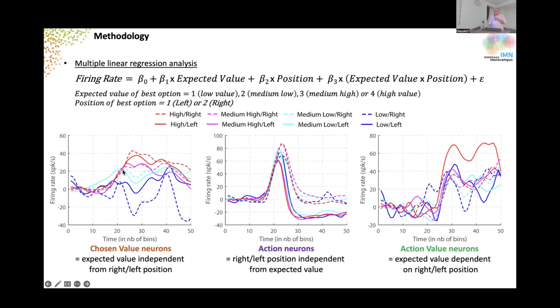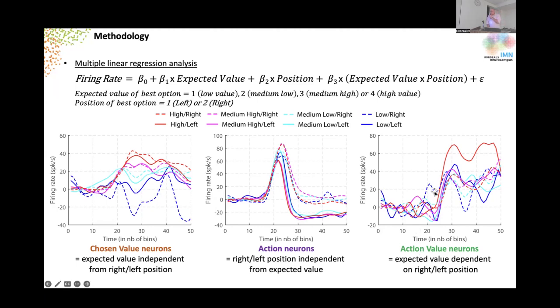So the firing activity varies according to the value of the target. Here you have neurons for which the activity varies only for the position of the target, so that's what we call action neurons.